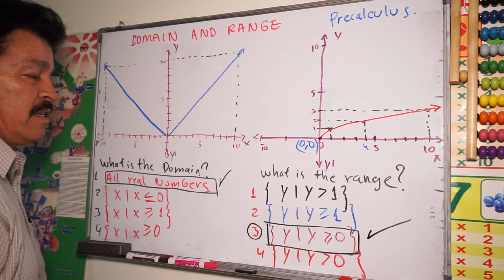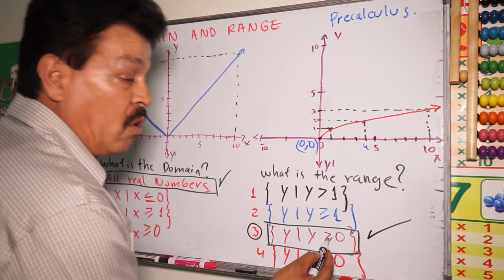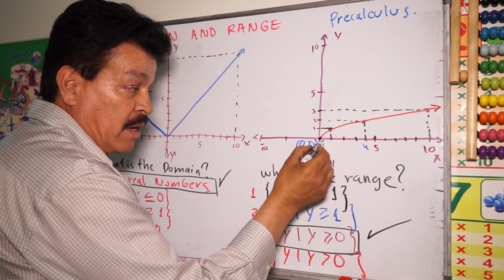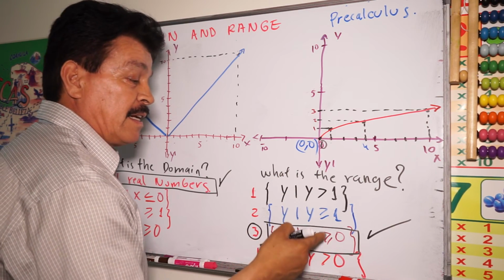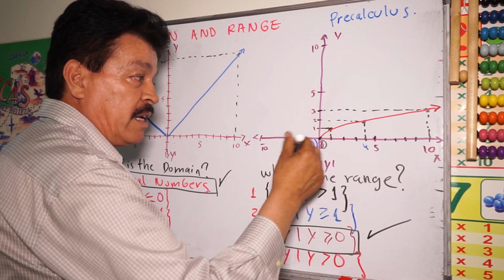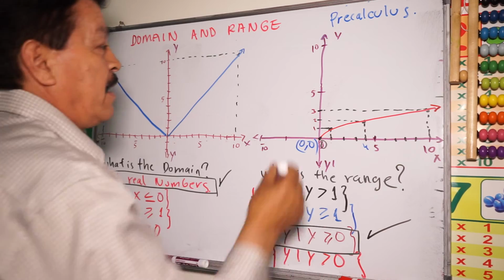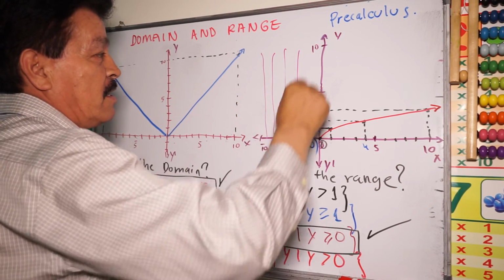This is the range: y such that y is greater than or equal to 0, from here. We are talking about all this area, because that's the range.